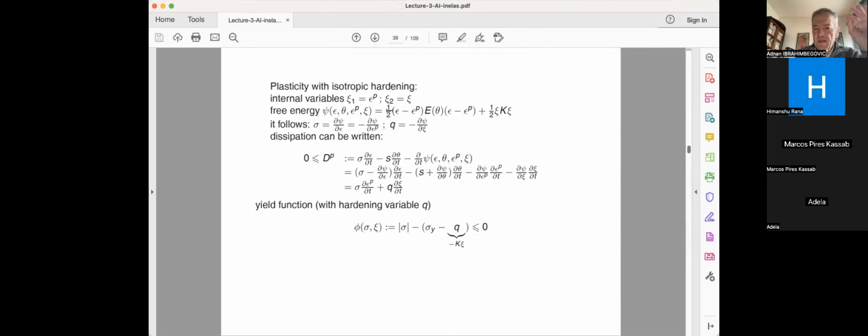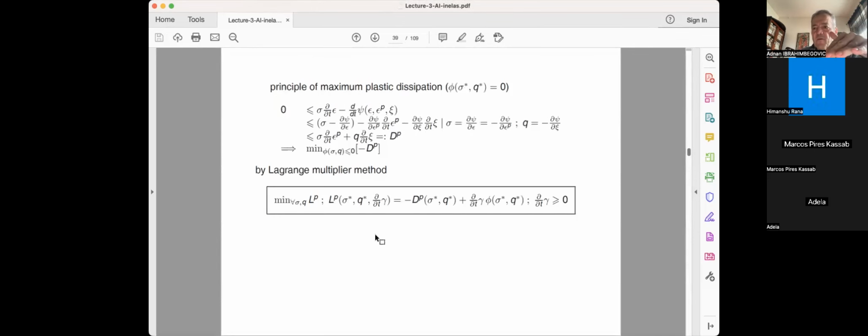So these are three basic ingredients: the additive split of total deformation to elastic and plastic, the free energy, a quadratic form in elastic strain and hardening variable, and then the yield criteria, which is written in terms of the dual variables sigma and q. After that, I simply follow the rules. I take the principle of maximum plastic dissipation. This time around, I have a little bit more elaborate expression of plastic dissipation.